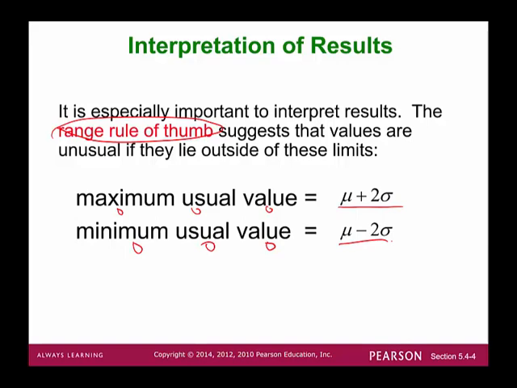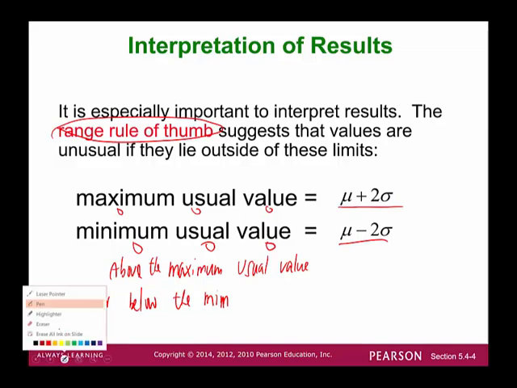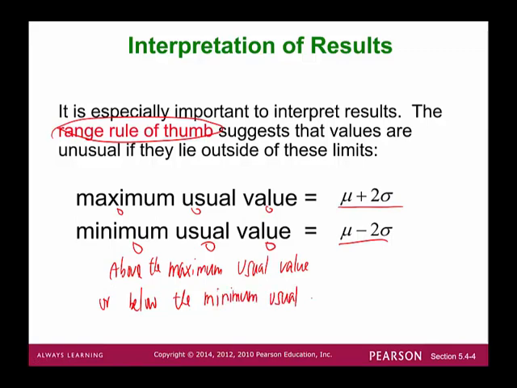And any value above the maximum usual value or below the minimum usual value is what we call an unusual value.